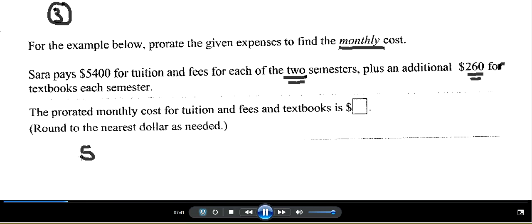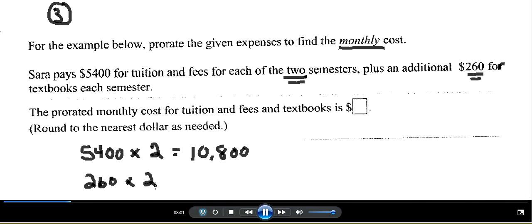I'm going to have 5,400 times 2, 10,800, and then we have 260 times 2. It gives you 520.